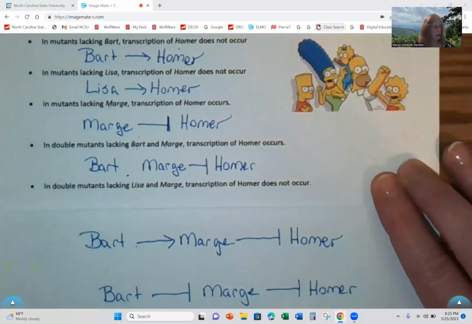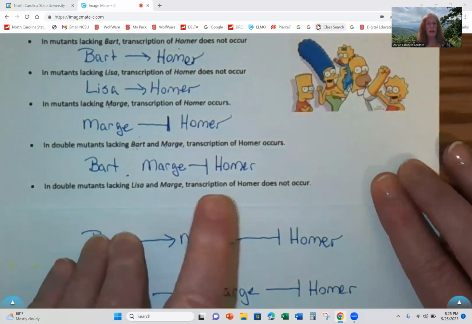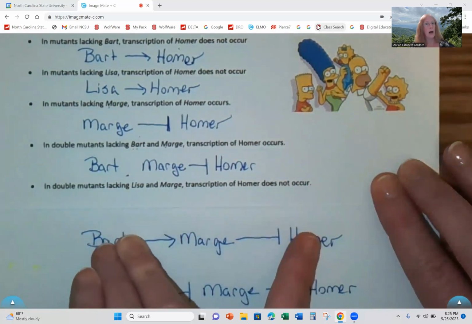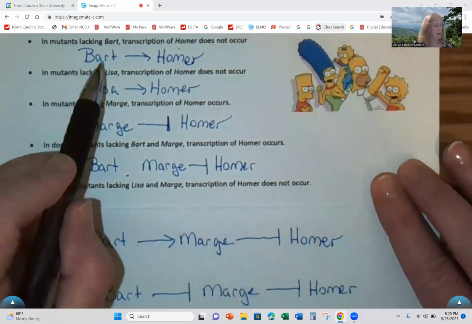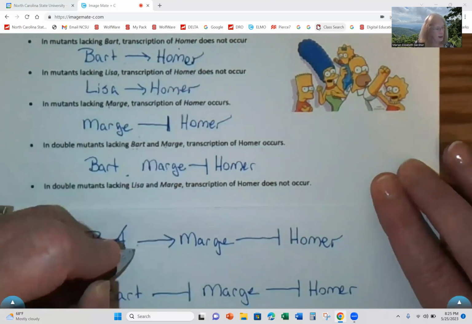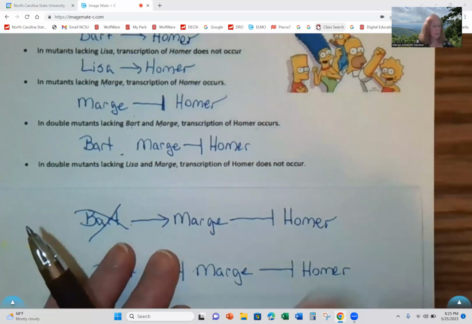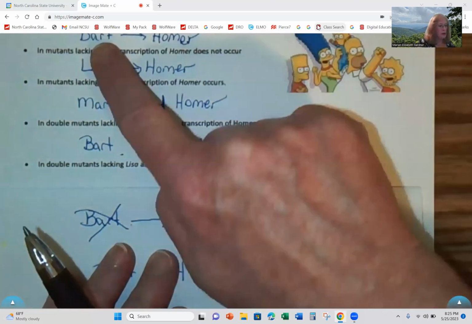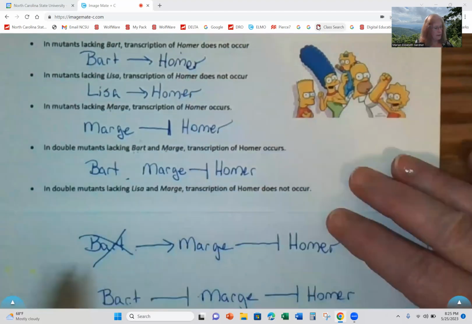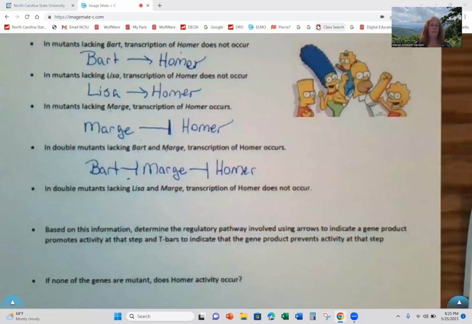If Bart is mutant, Bart does not promote Marge, which means Marge cannot block Homer, which means Homer transcribes. Well, that doesn't work because in mutants lacking Bart, Homer doesn't transcribe. So that's not correct. If Bart is mutant, Bart does not block Marge, so Marge blocks Homer. So when Bart is mutant, Homer does not occur. This one's correct. So that is a T-bar.